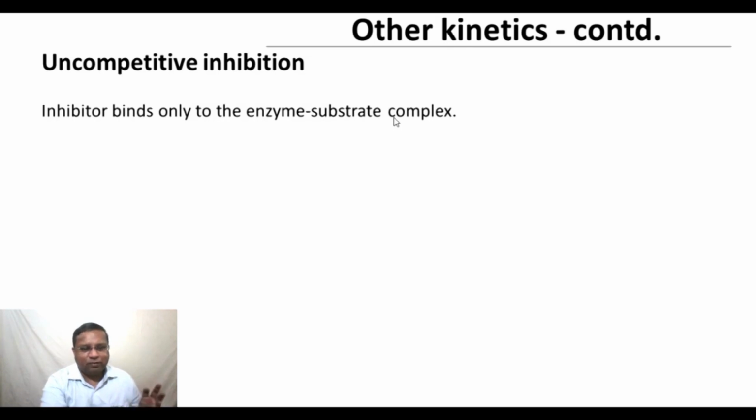In the case of competitive, the inhibitor bound to the enzyme. In the case of non-competitive inhibition, it bound to the enzyme as well as the enzyme substrate complex. In the case of uncompetitive, it binds only to the enzyme substrate complex.